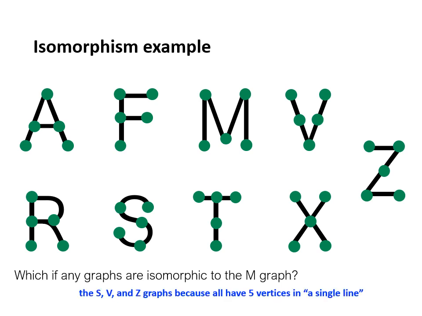It's the graphs S, V, and Z, because all of these have 5 vertices that are basically in a single line, meaning you can unfold them into a line. So that's an example of isomorphic graphs.